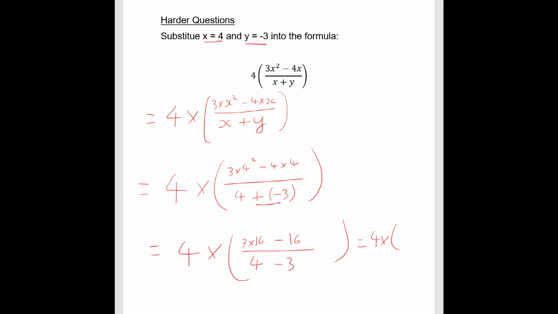Take away 16 is going to be 32. And 4 take away 3 is 1. So we end up with 4 times 32 over 1, which is just 4 times 32. 4 times 32 is going to be 128. And that's our final answer.